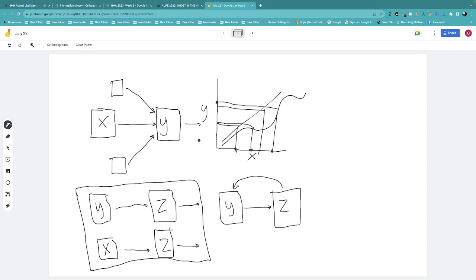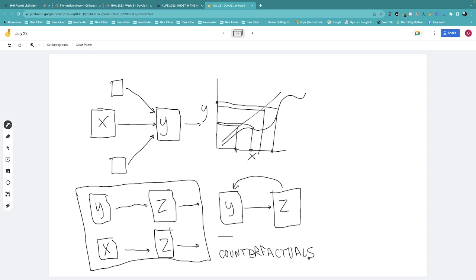So we can say that X and Y are causally related. Well, how can we know this? Well, we know that Y and Z are not causally related because we test them and they don't come up with a relationship that makes sense. X and Z, we can do the same thing and it doesn't. So these are our counterfactuals, right? The counterfactuals are then compared to our main hypothesis.